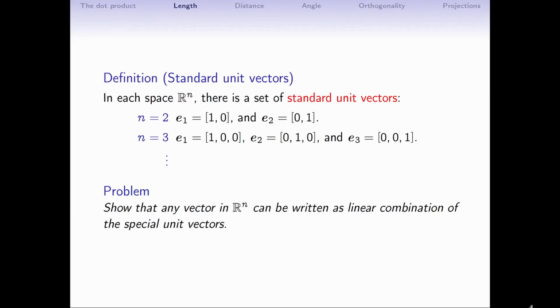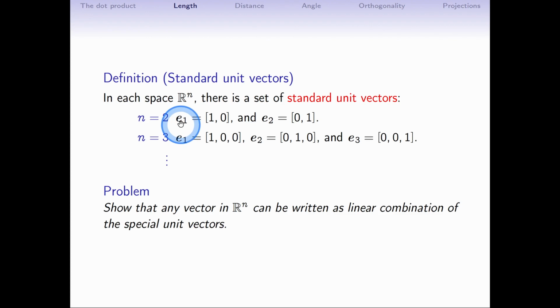All right, I want to talk with you about standard unit vectors. In each space Rn, there is a set of standard unit vectors. For example, when n is equal to 2, when we're in the plane, there are 2 standard unit vectors, and you should think of them as direction vectors pointing in the positive x direction and in the positive y direction.